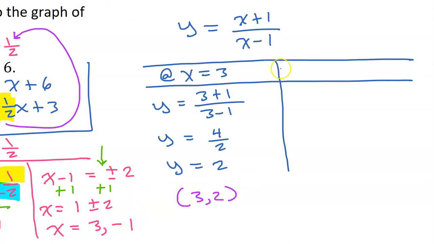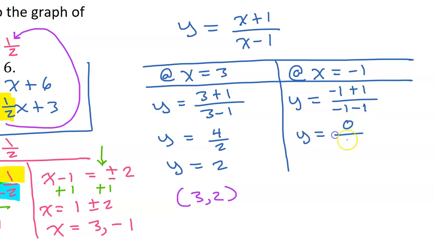Our other x value is -1. So at x equals -1, y equals -1 plus 1 over -1 minus 1. But that is 0 over -2, which is 0. So that gives us a point x comma y, -1 comma 0.